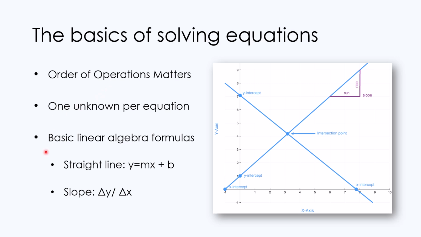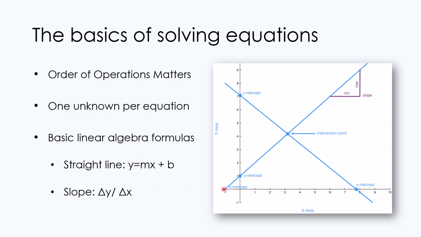And there are two formulas that you absolutely want to remind yourselves of. We're going to be using a lot of linear formulas this semester. So the straight line formula, y equals mx plus b, where y is a dependent variable, x is an independent variable, b is an intercept where a straight line crosses the 0 axis on a graph, and m is a strength multiplier for x.